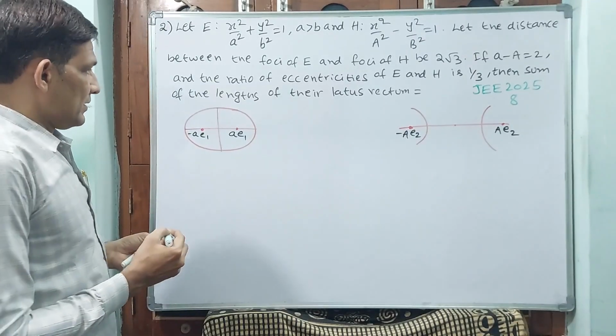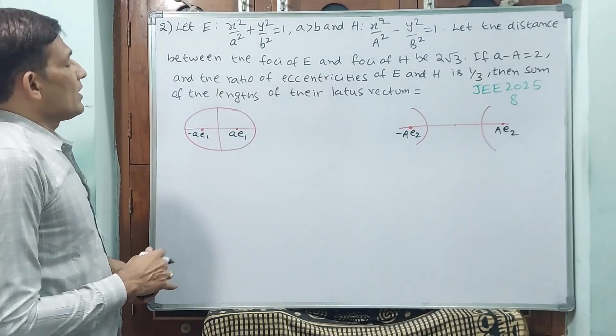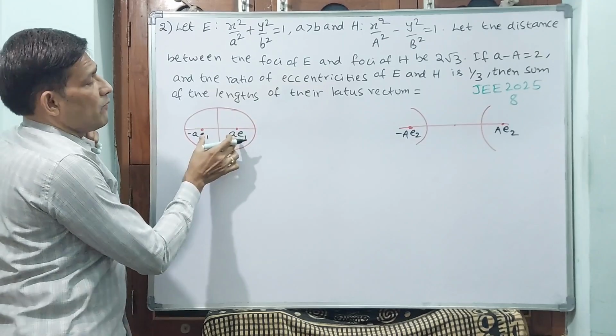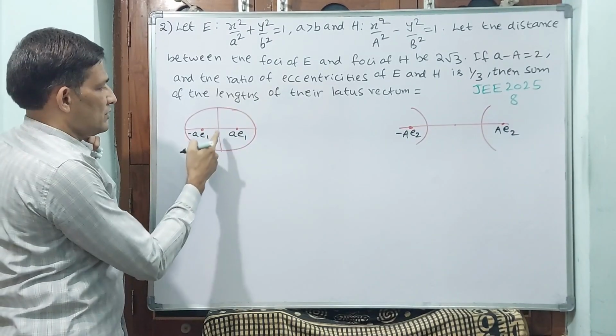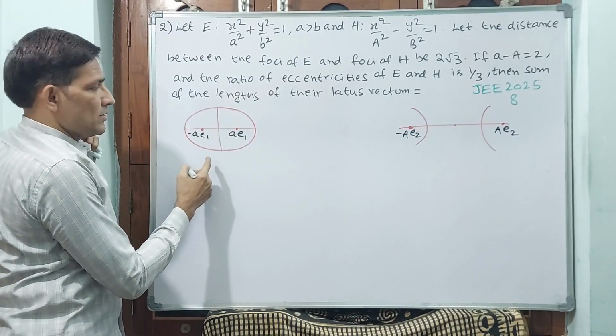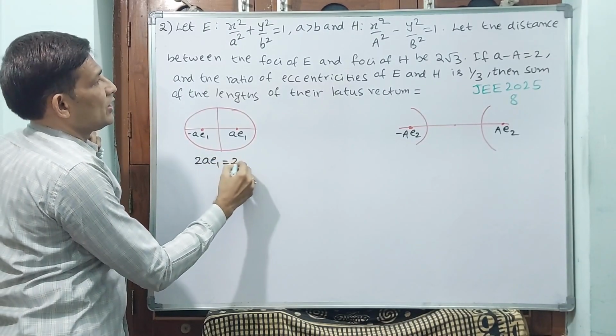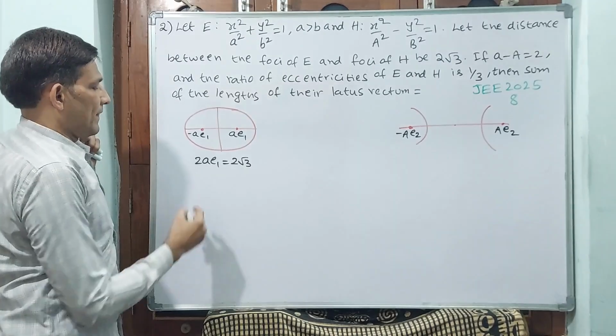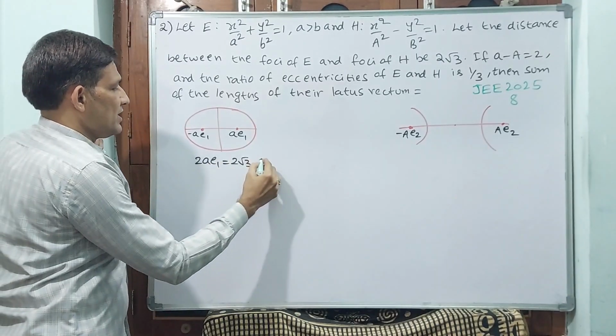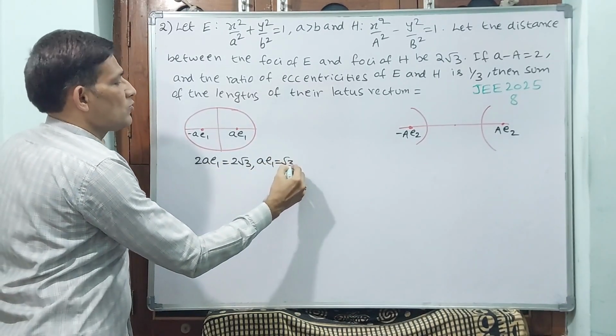Now, the distance between foci of this ellipse means 2aE1 is equal to 2 root 3. That means aE1 is equal to root 3.